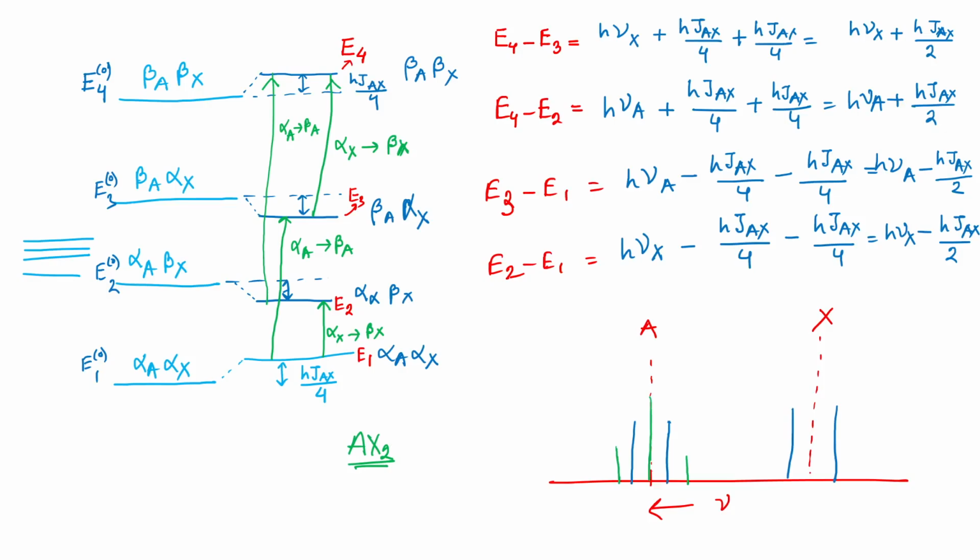So now you can think about what will happen. You cannot distinguish. Even though the shielding constants are the same, you can't distinguish the nuclei.